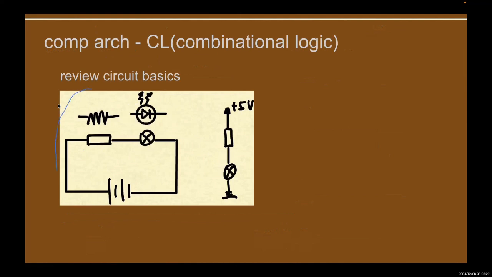The one on the left is very familiar for high school students, and this is also the same. This means the battery, the positive side. This is the negative side, which is the ground, and the battery goes to the R to the bulb.